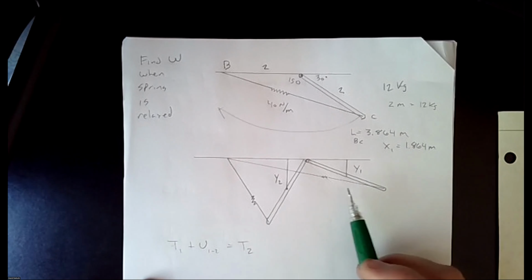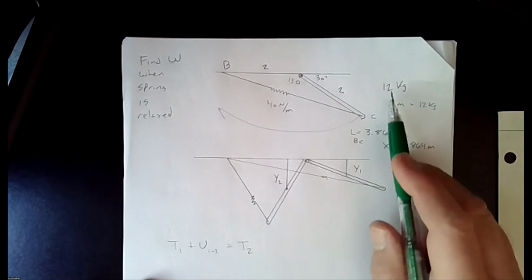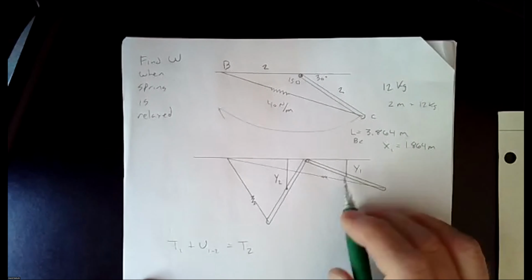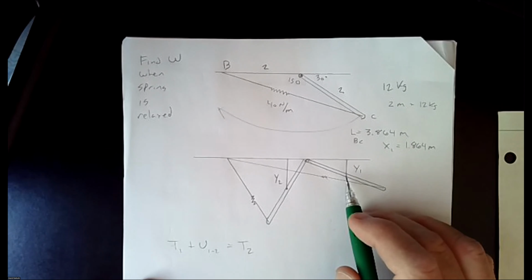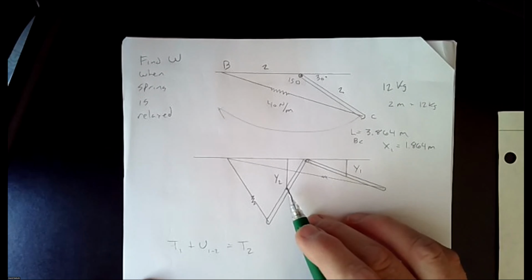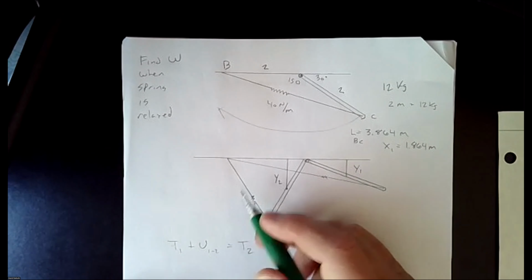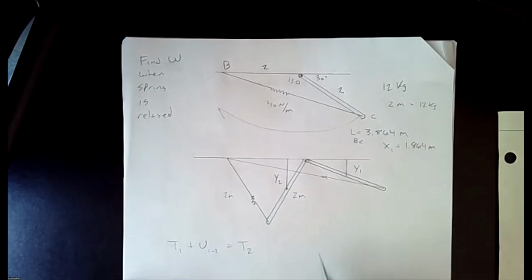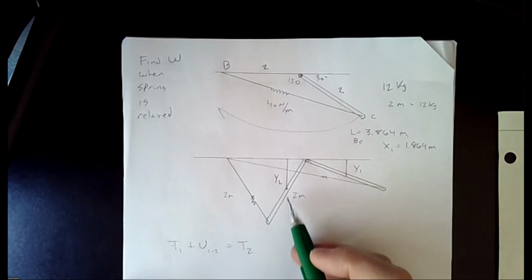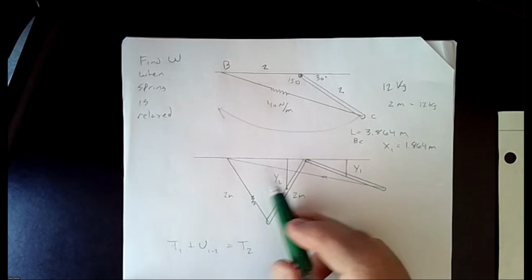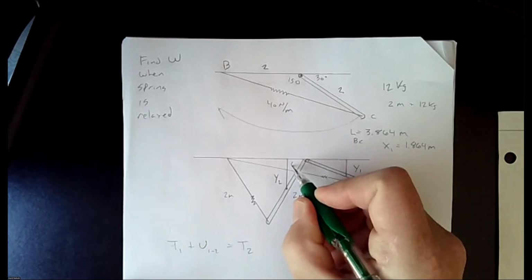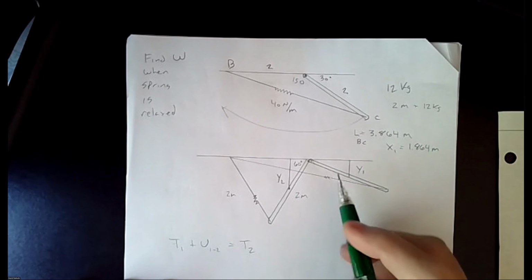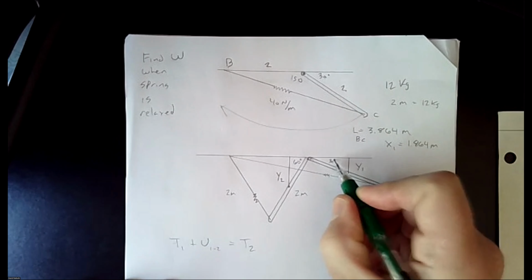The other thing is we have a 12-kilogram object, so it's going to have a certain mgh. We want to think about what its y initial and y final are. When the spring's relaxed, this is 2 meters, and we know this is 2 meters, so the only way that works is if this is an equilateral triangle. Therefore that's 60 degrees, and this is 30 degrees over here.